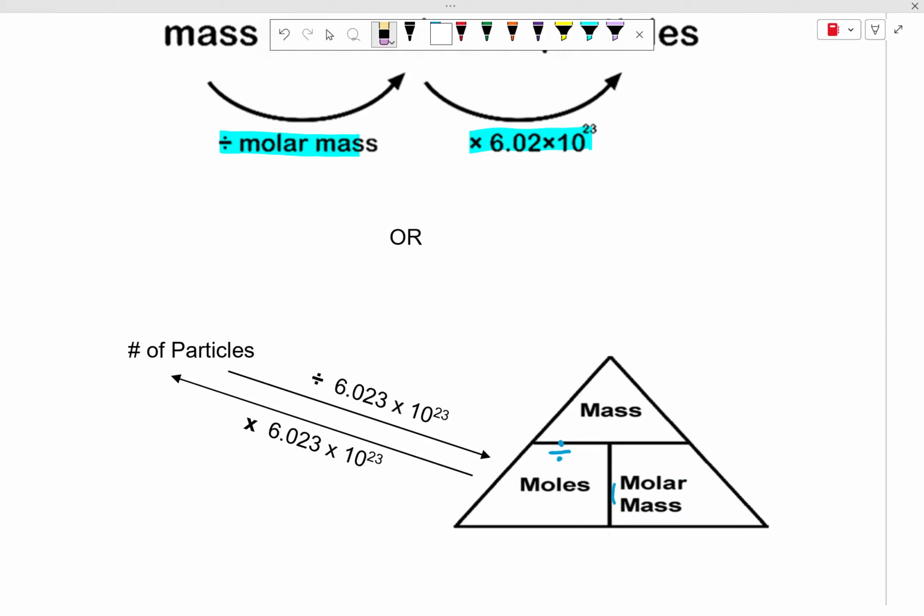Conversely, if you wanted to find the number of moles, you take the mass divided by the molar mass.